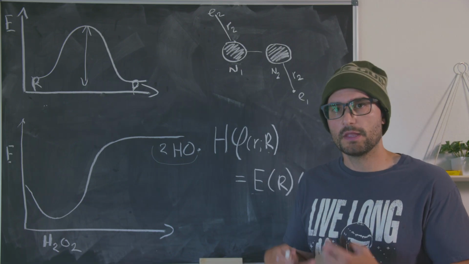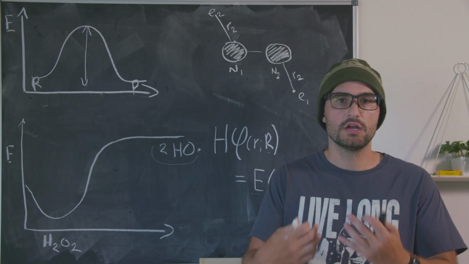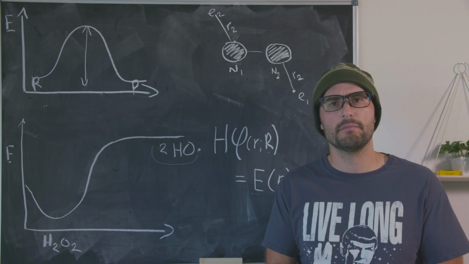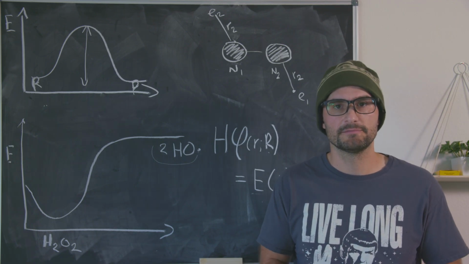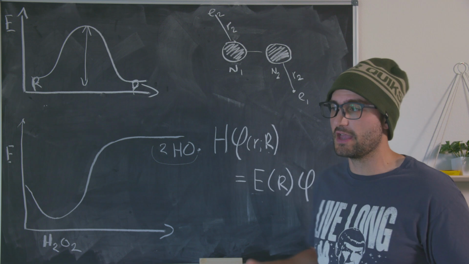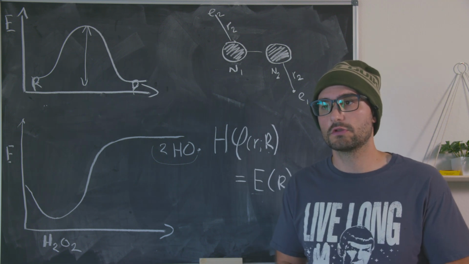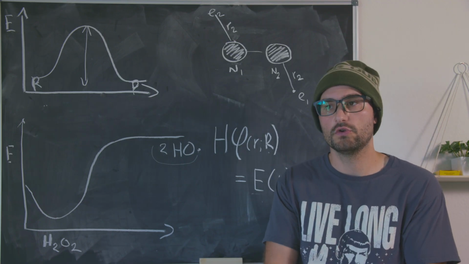But in general, the first step is always to solve the electronic Schrödinger equation to obtain the electronic energy, and that's generally the energy that we care about when we look into chemical reactions. And of course, the important part is that now the energy is not just a scalar, the energy depends on the nuclear coordinates, and therefore we can plot the energy dependent on the nuclear coordinates.